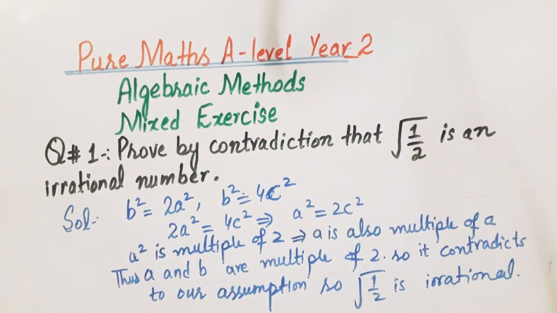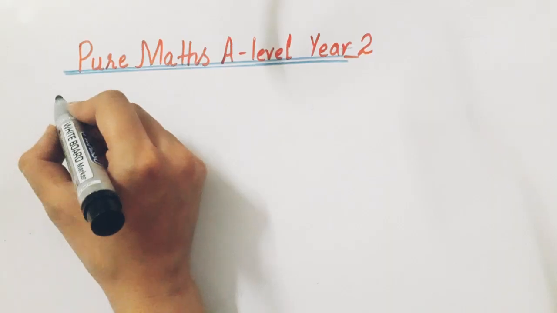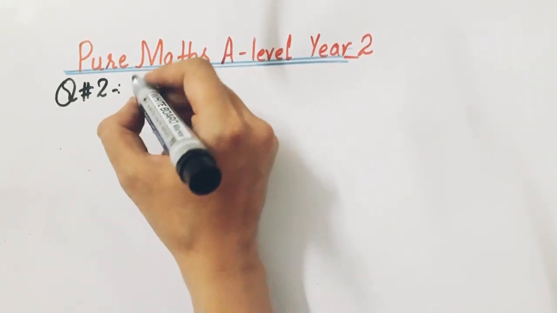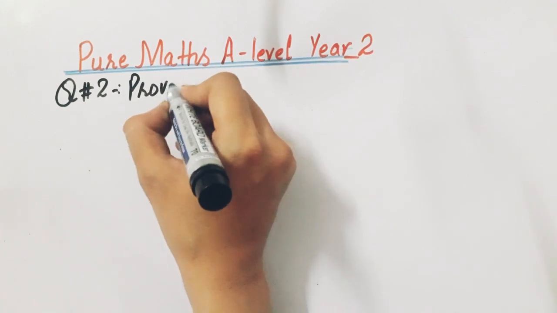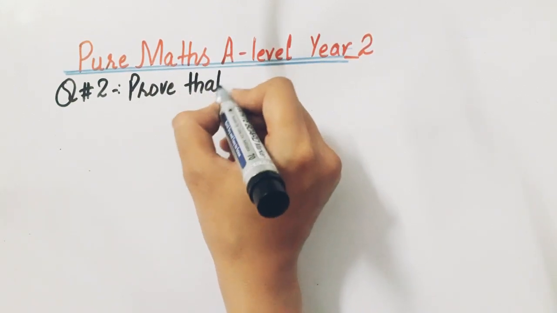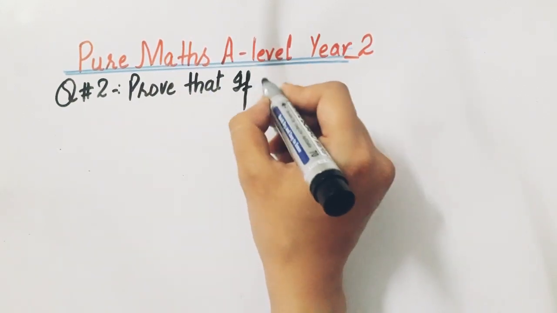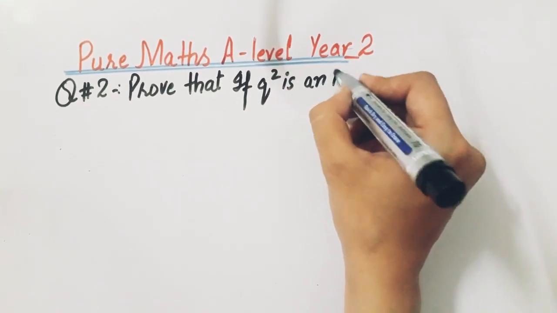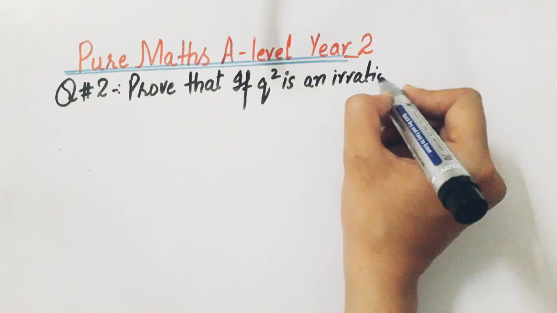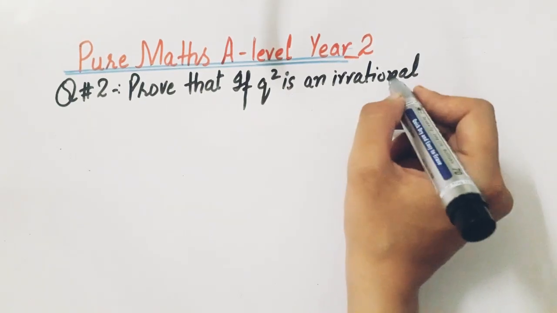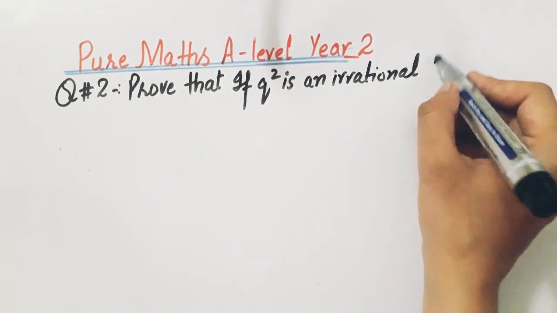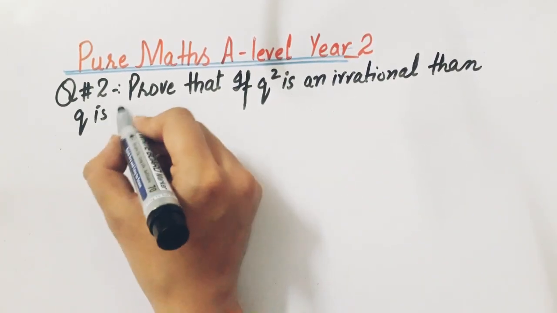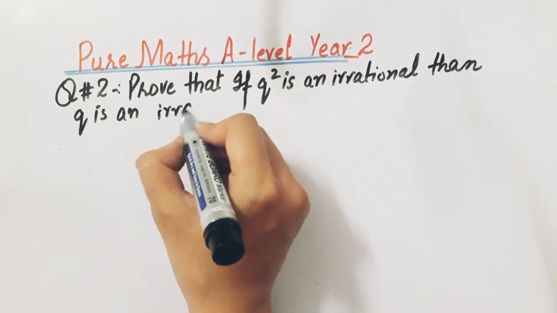Now we will solve question number 2. The question is: prove that if q squared is an irrational number, then q is irrational.